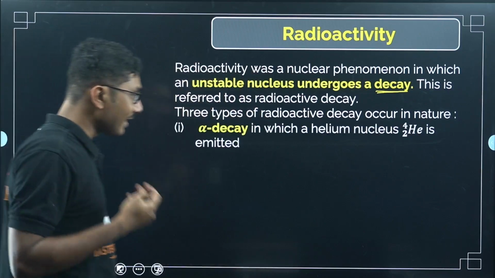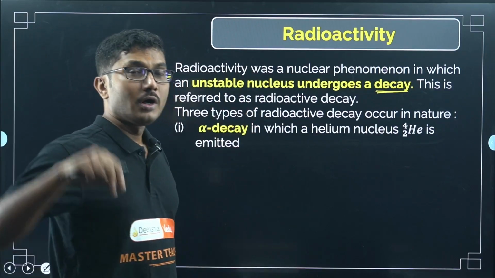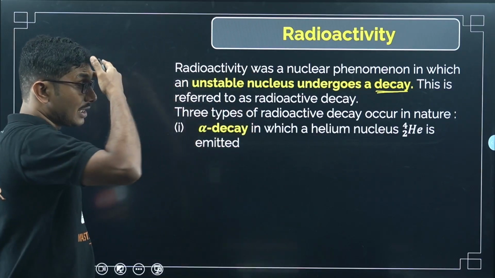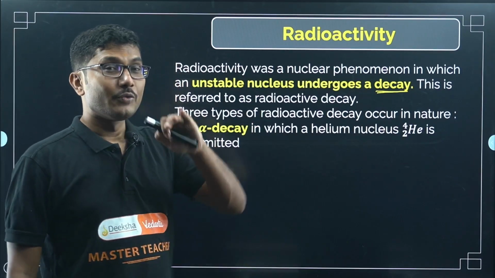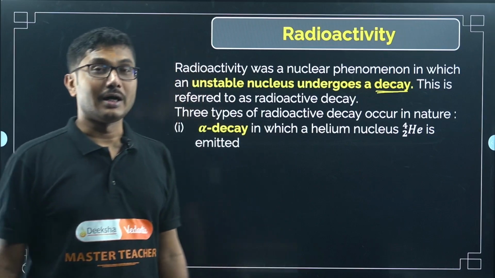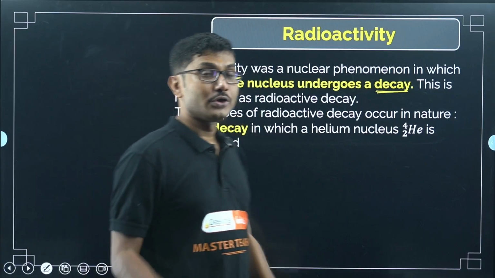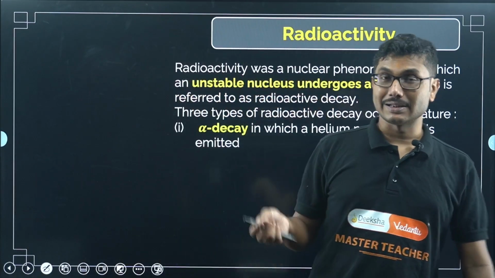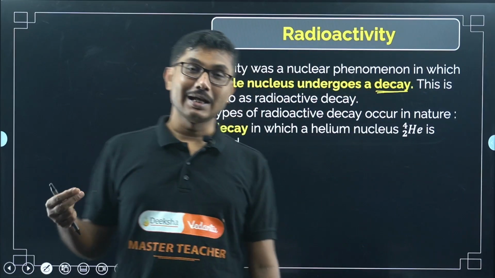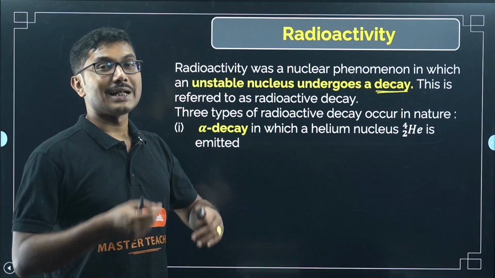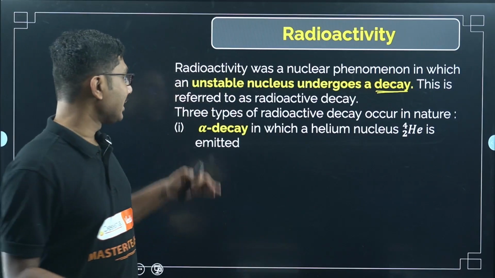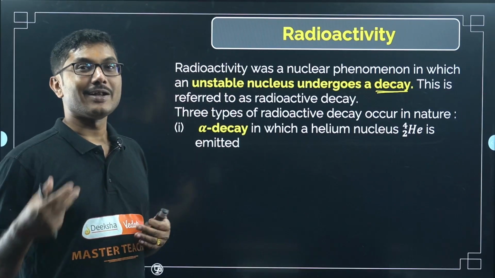First of all is alpha decay. There used to be a lot of questions based on this alpha decay, but nowadays there is no question based on alpha decay. As we have seen in Rutherford's experiment, there was a source of alpha particles. Basically that material, whatever was used, bismuth, was emitting alpha particles, because it was in the state of alpha decay.